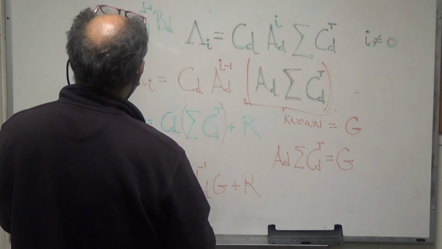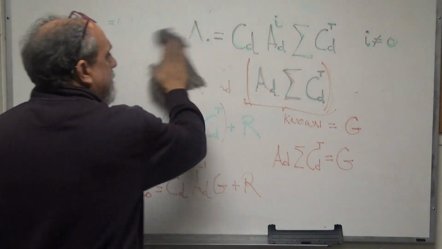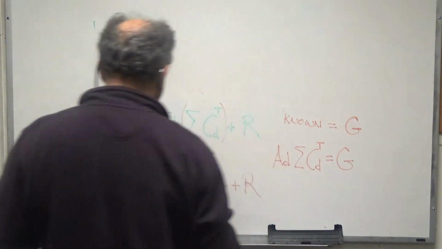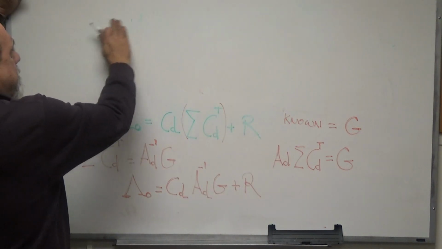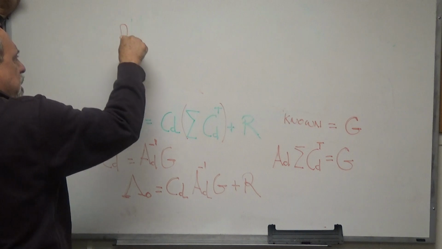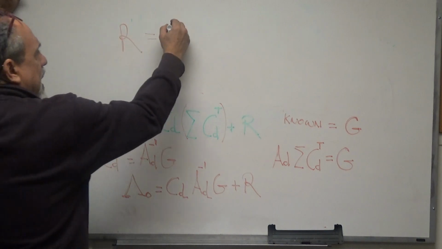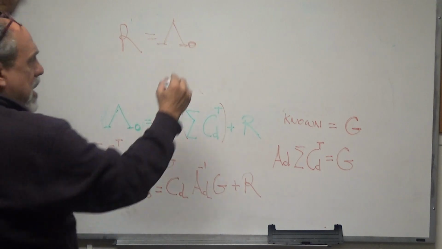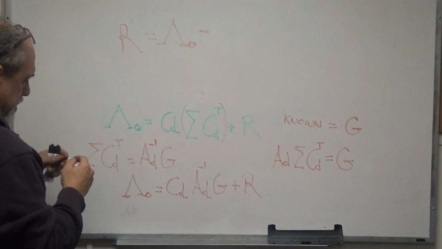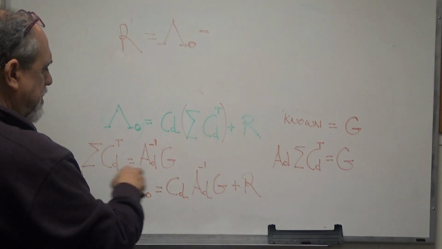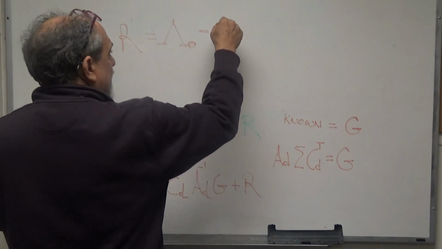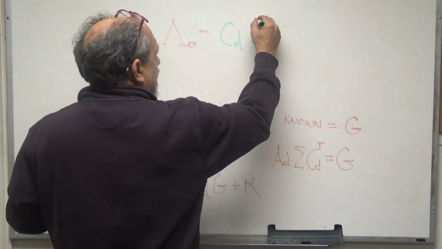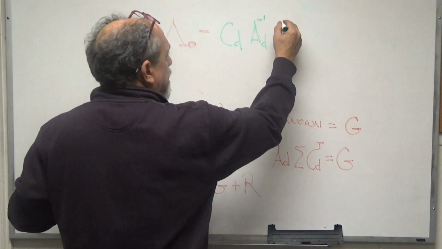Therefore, the covariance of the noise, or of the right term in the measurement equation, is identifiable as the covariance of the output at 0 minus CD AD to the minus 1 G.